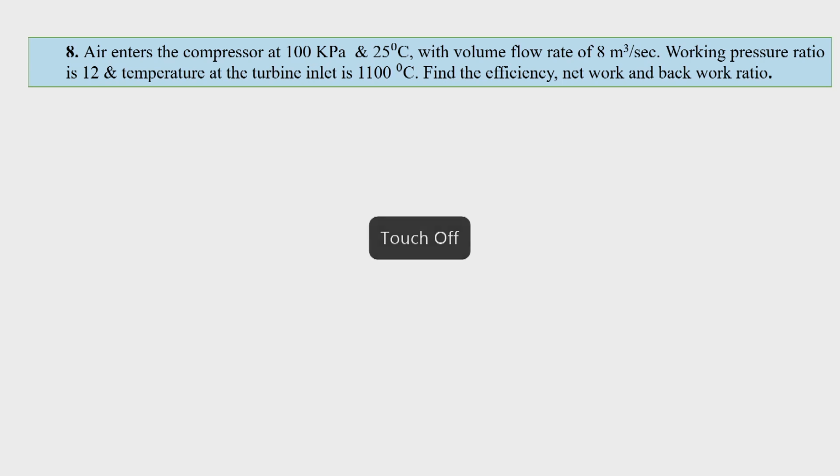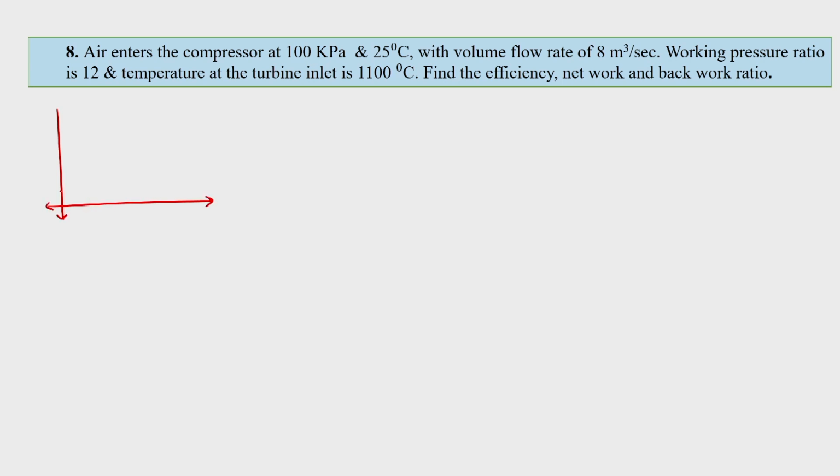Here we are told that there is air which enters the compressor at 100 kPa and 25 degrees Celsius with volume flow rate of 8 meter cube per second. Working pressure ratio is 12. Temperature at the inlet of the turbine is 1100 degrees Celsius. Find out efficiency, net work and back work ratio.